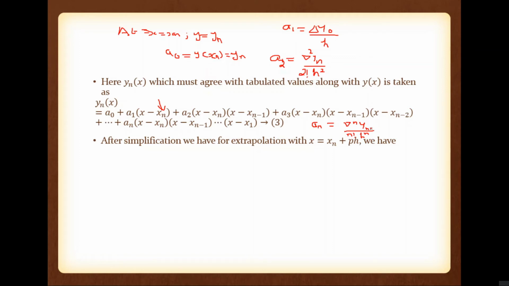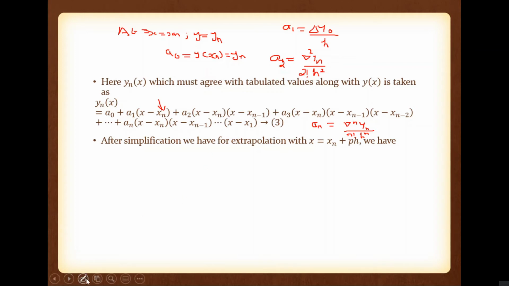So you can use this equation: yn of x is equal to a0 plus etc., where an is equal to del raised to n yn divided by n factorial into h raised to n. Did I confuse you?